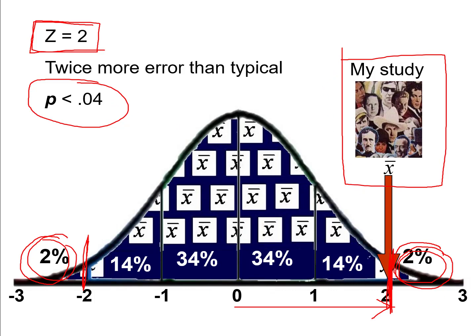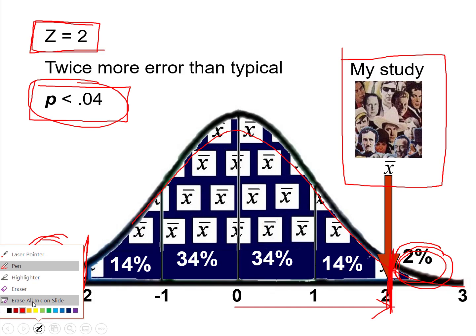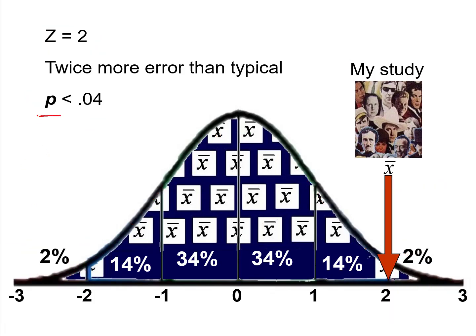And we can look it up on a normal unit table and determine that the probability of that is 4%. That will only happen 4% of the time or less: you will do a study and get a mean that's more than 2 standard errors away from the true population parameter. And I'm going to symbolize that. I'll use the letter P to indicate probability.